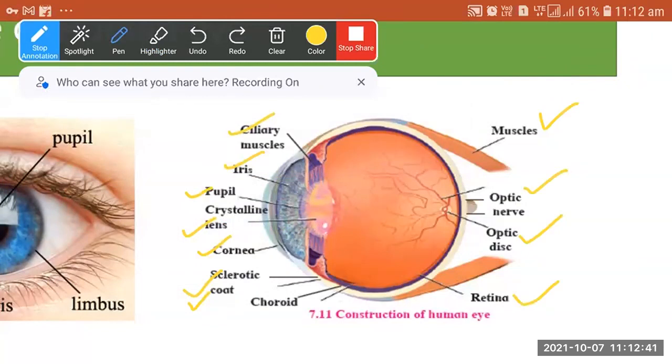Say muscles, optic nerve, optic disc, and retina. Got it? And on the front side, you have the ciliary muscles, iris, pupil, crystalline lens, cornea, sclerotic coat, choroid. Got it? Now, one by one, we are going to study about this part.